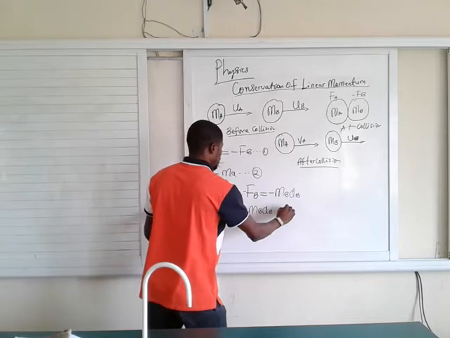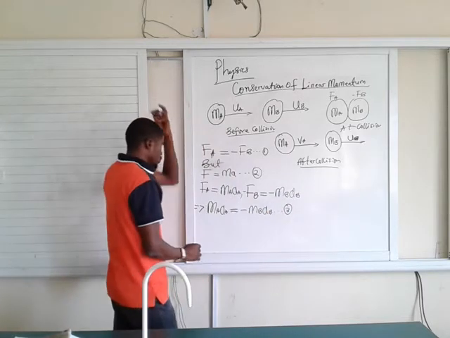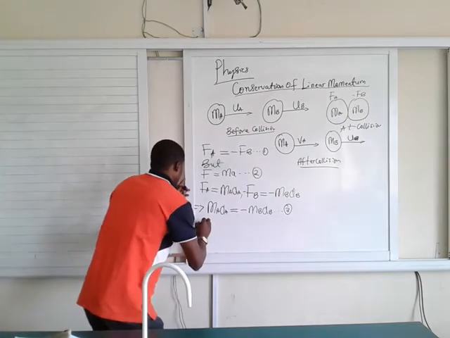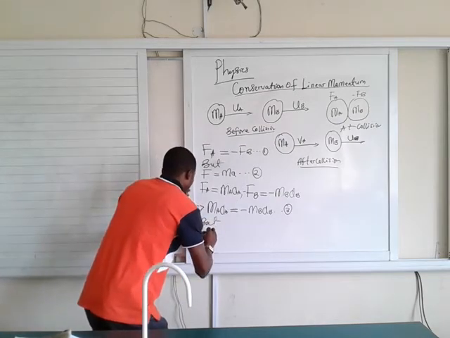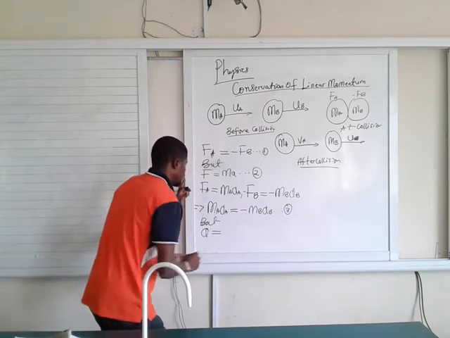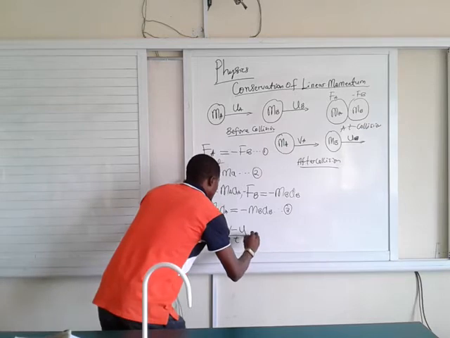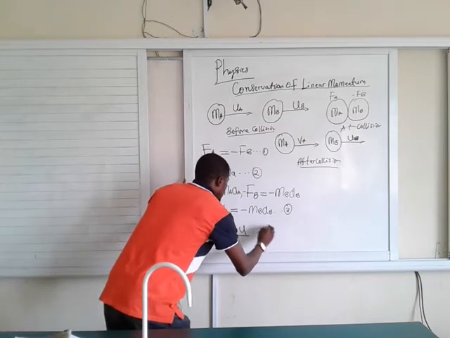Let's call this our equation number 3. So we substitute. Okay, let's move on. But acceleration A is given as what? V minus U all over T. We call this our equation number 4.